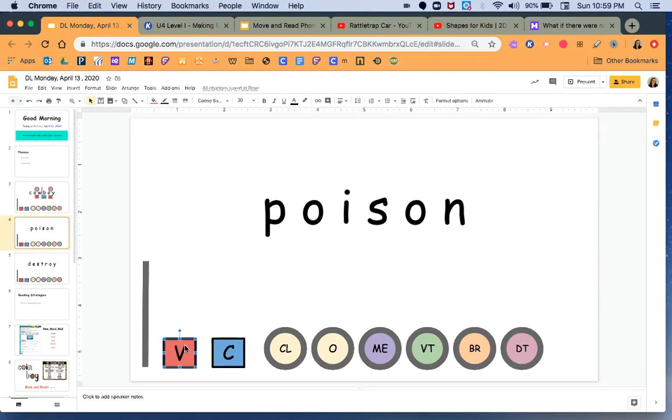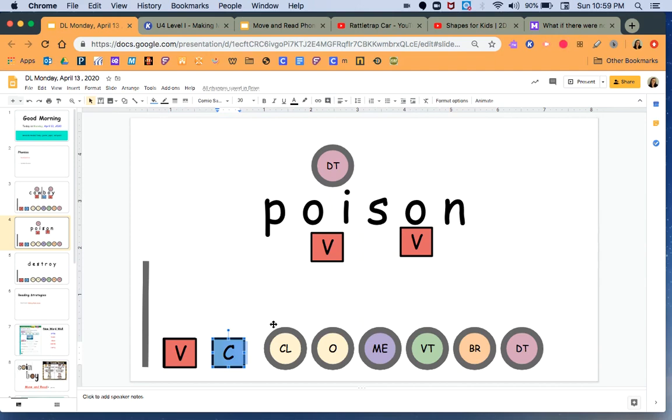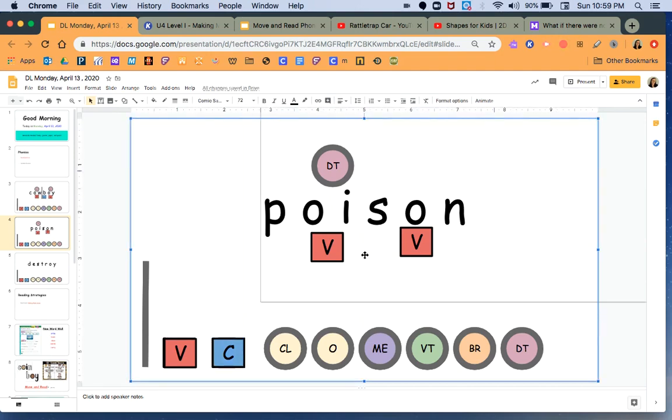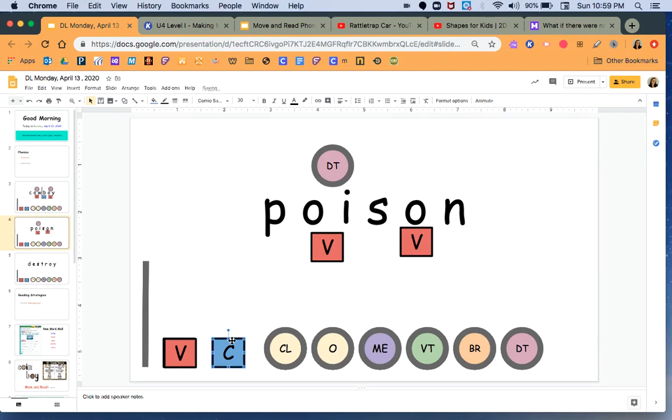Okay, we're looking for our vowels first. So I see an O by itself, so I know that is definitely going to be there. And then I see another diphthong, which we're going to practice today. So we have OI, and the OI is going to say oi. Remember, I'm just worrying about what's in the middle.